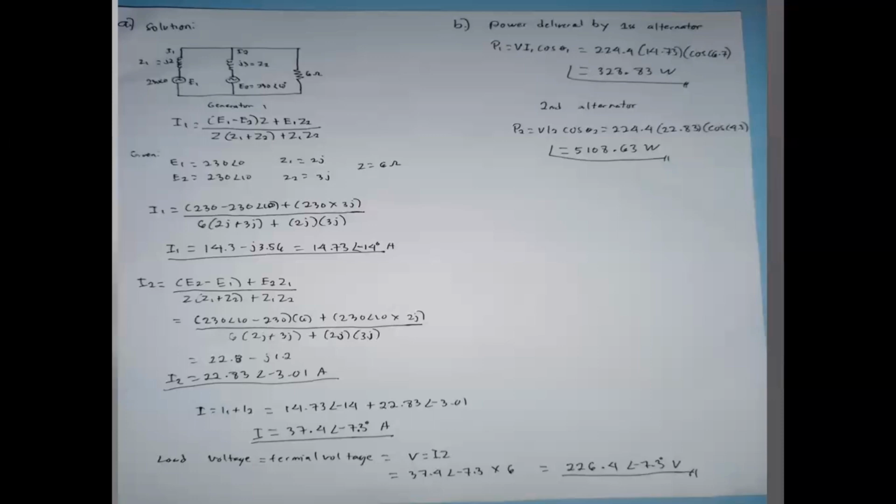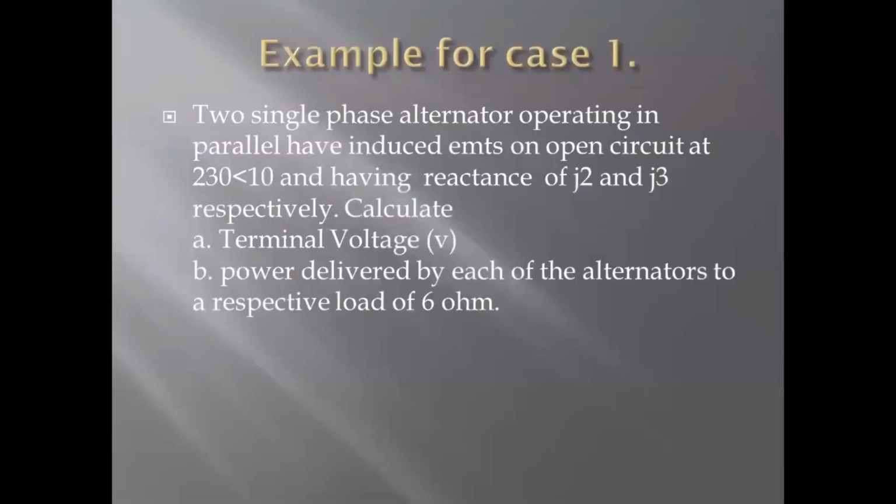Then the second alternator is P2 = V I2 cos theta 2, which is equal to 226.4 times 22.83 times cosine 0.3, which is equal to 5,108.63 watts. So that's for the second example.